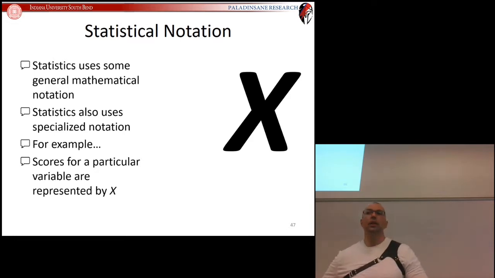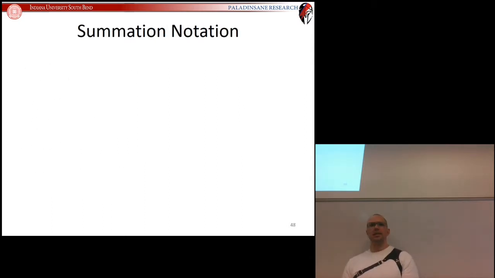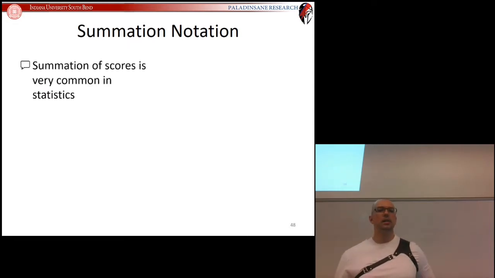All right, so the next piece of notation that we are going to introduce is a mathematical notation, but it's also used in stats: summation notation. Summation of scores, adding up all the scores together, is something that is very common in statistics.